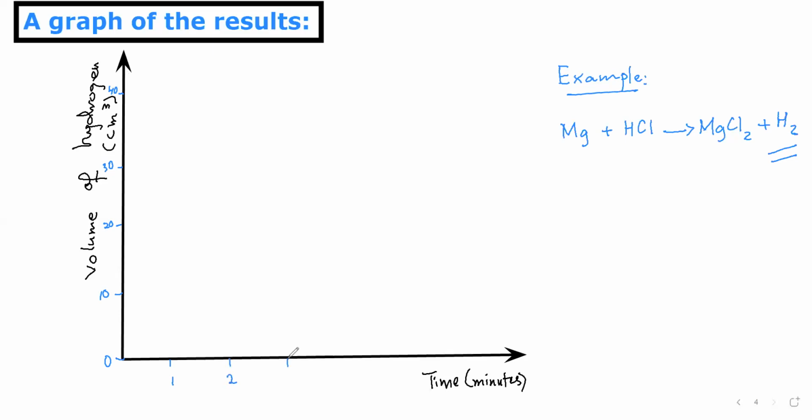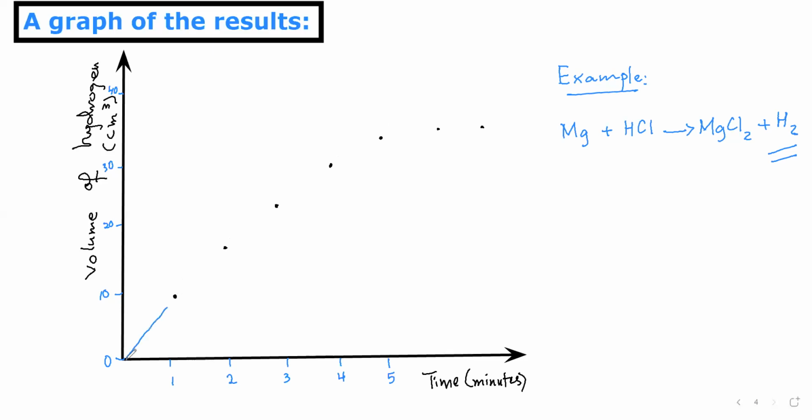Choosing the appropriate scale on the graph is also very important. Then you put your points accordingly, like what you have got at different minutes, and you will plot your points.